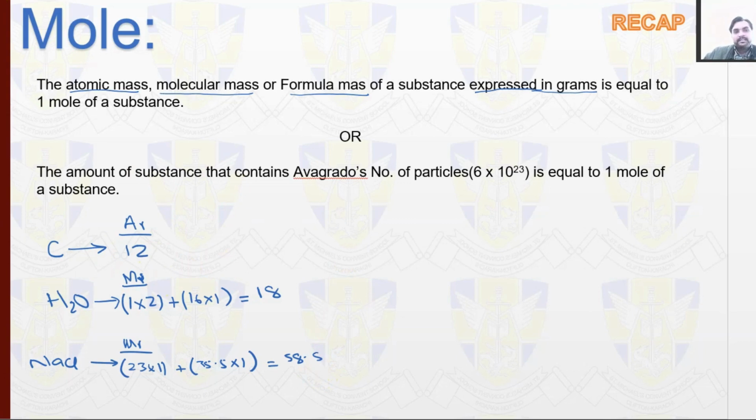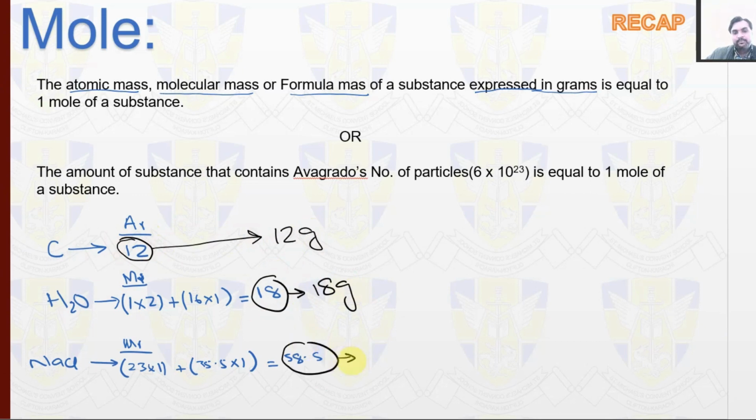So what scientists did, they expressed these in terms of grams. They converted this 12 into 12 grams, similarly 18 into 18 grams and 58.5 into 58.5 grams, right?